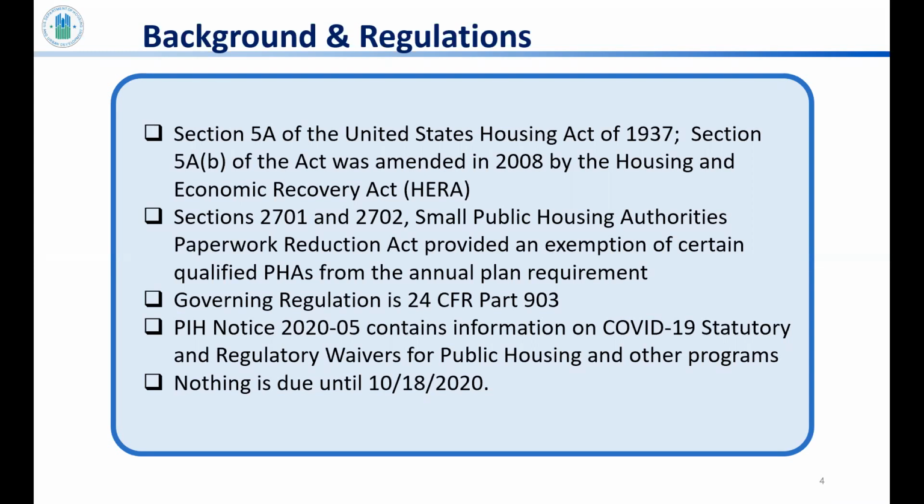The governing regulation for PHA plans is 24 CFR Part 903. Now, if you are interested in other requirements of your PHA plan, such as 903.6, that covers the required elements for the 5-year plan, and then the required elements for the annual plans are covered in 24 CFR 903.7.